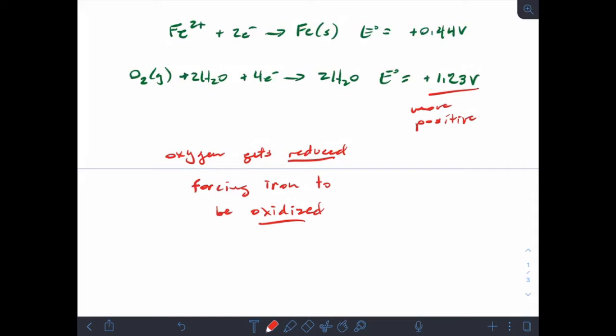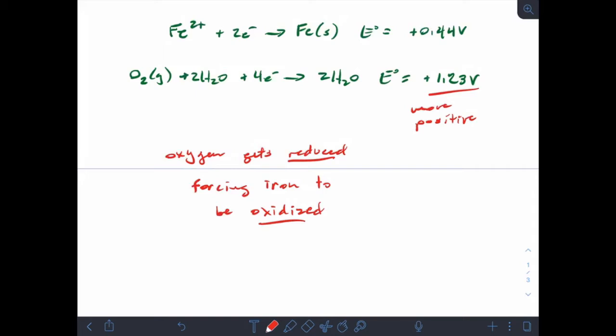Can I oxidize iron with oxygen? And the answer is yes, because of the reduction potentials. We looked at this in the previous video, about deciding whether or not a metal could be oxidized by an acid. Well, this is the exact same idea. The iron gets oxidized by the oxygen, and that causes corrosion.